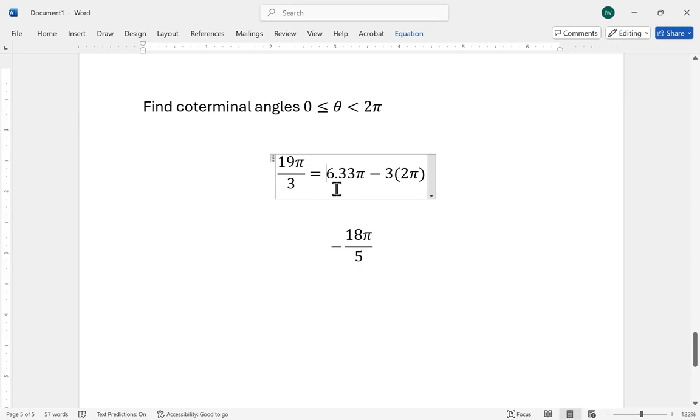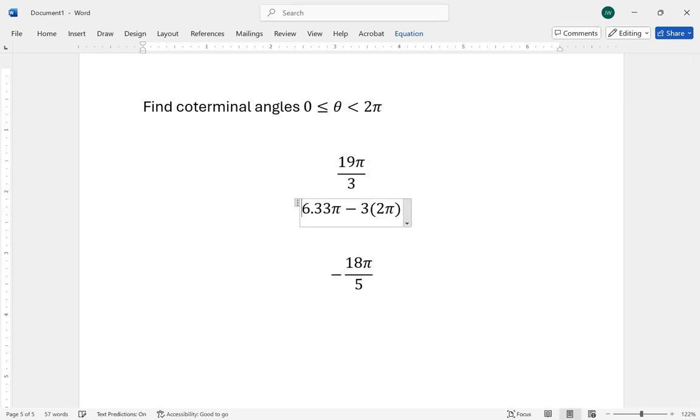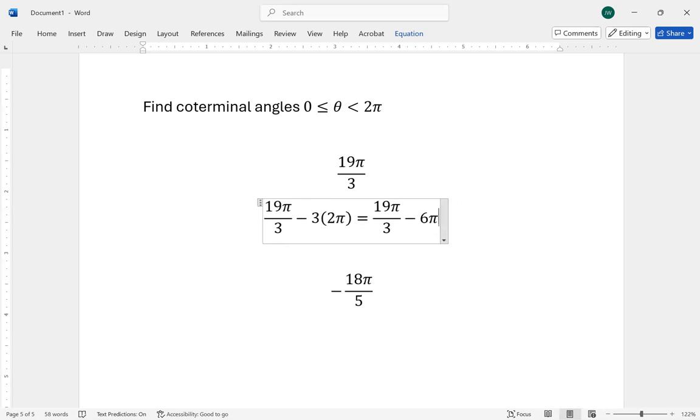So I shouldn't say 19 pi over 3 is equal to that, but what we're saying is 19 pi over 3, if I subtract 3 copies of 2 pi, what I end up with, let's give the exact version now, is 19 pi over 3 minus 6 pi. And then 6 pi, if I want an exact answer, is 18 over 3, getting common denominators here.